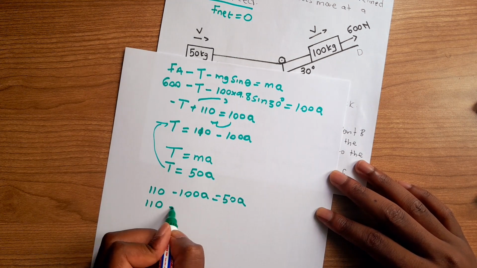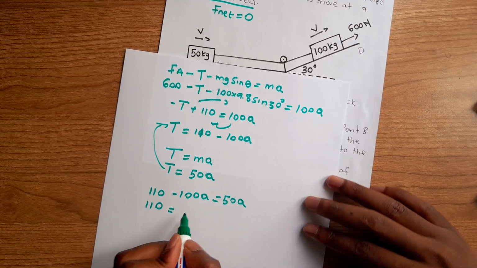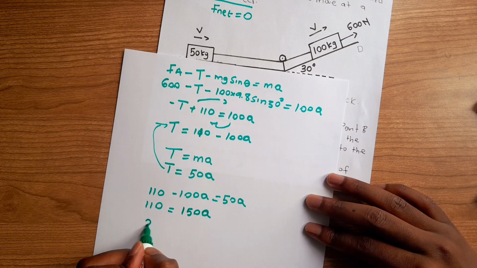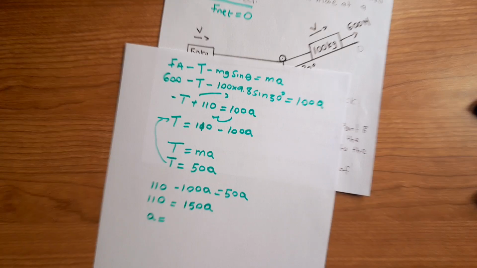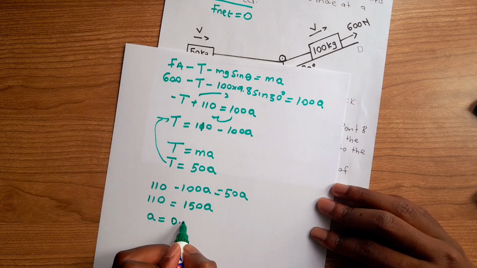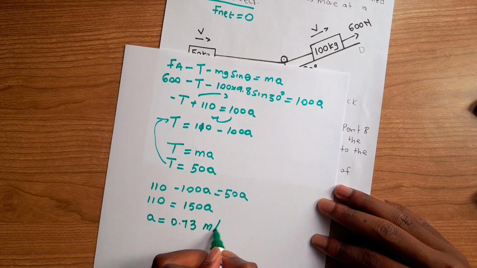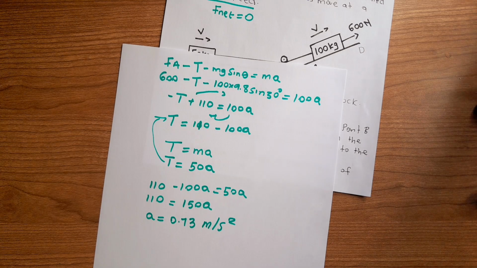So 110 equals 150a. I'm going to divide both sides by 150, and then I get that my acceleration actually equals 0.73 meters per second squared. So that's how you actually answer this question.